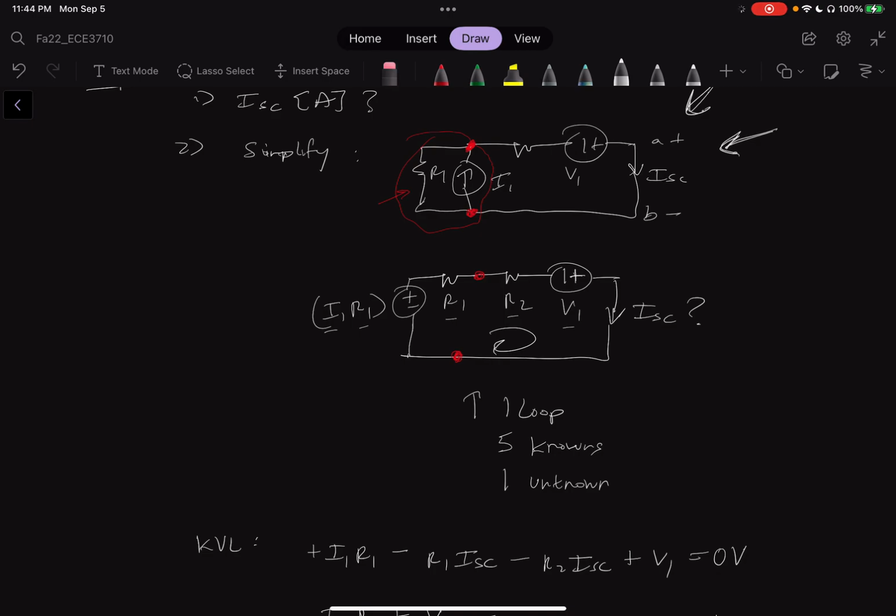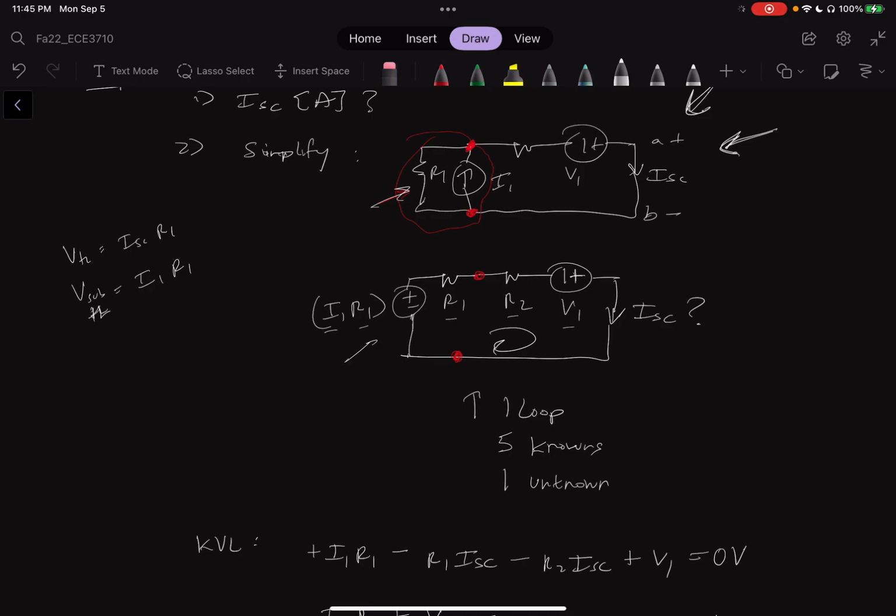And so focusing on that sub-region, I was able to substitute the Norton equivalent circuit with a Thevenin equivalent circuit, this voltage source in series to R1. What is that voltage? It's I1 times R1, because V Thevenin is equal to Isc times R1. In this sub-region, V sub-region Thevenin is equal to I1 times R1.